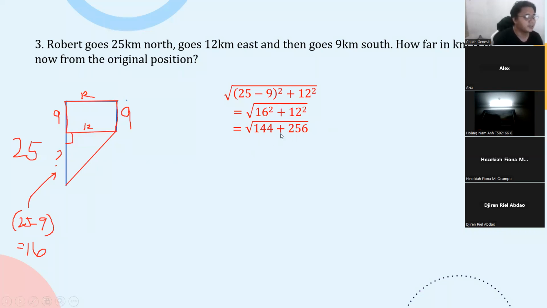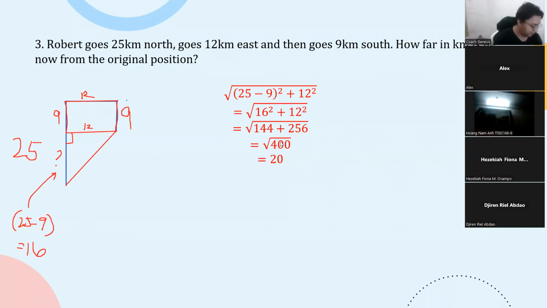It doesn't matter because addition is commutative, which will then give us square root of 400 or 20. So that is the distance from the original position to Robert's current position, 20 kilometers.